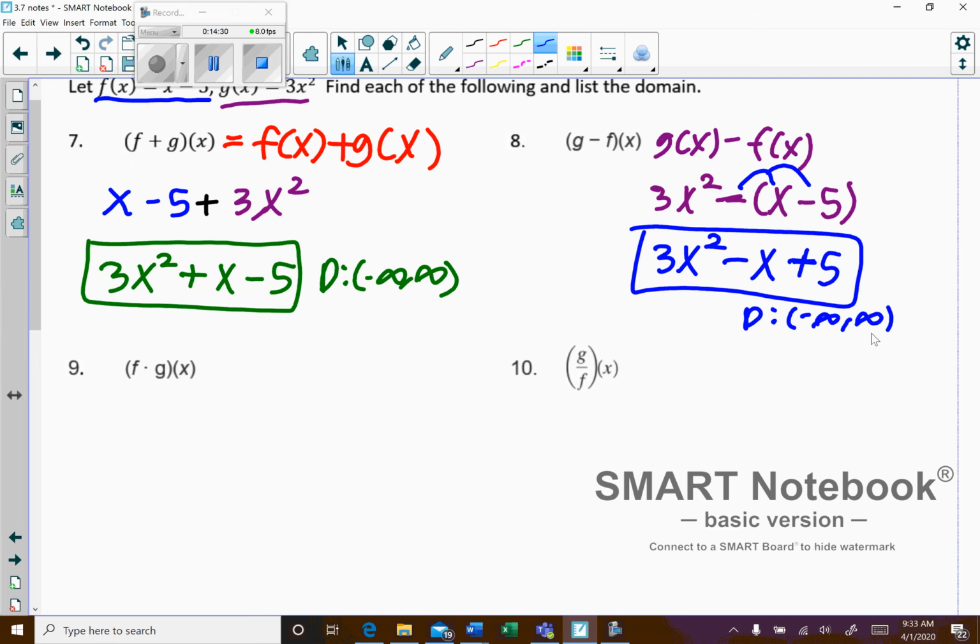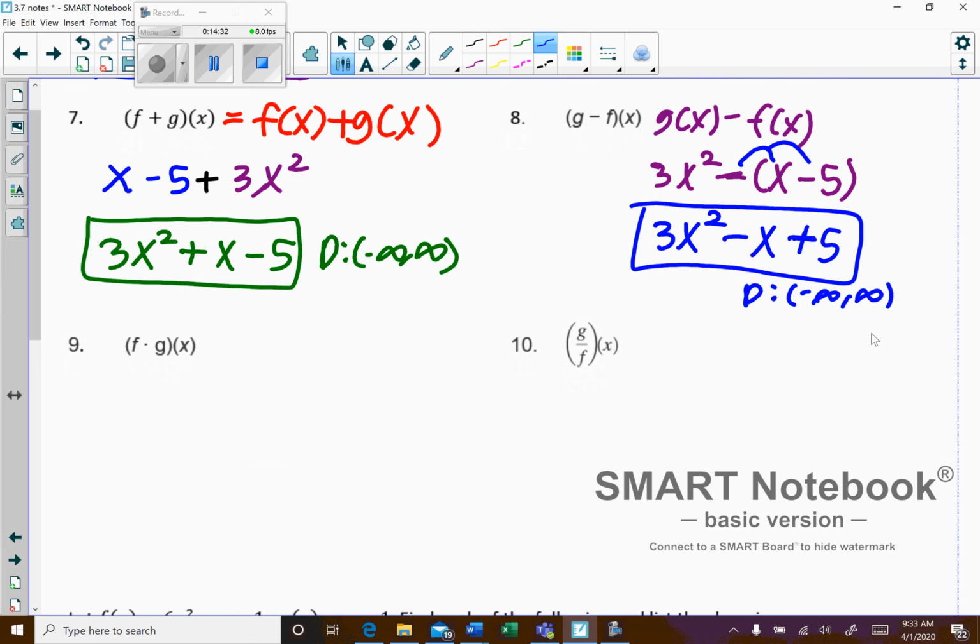Okay, let's go ahead and look at the multiplication. Once again, we're just going to take the f function and multiply it with the g function. Our f function is x minus 5, and our g function is 3x squared. On the previous one, we FOILed.